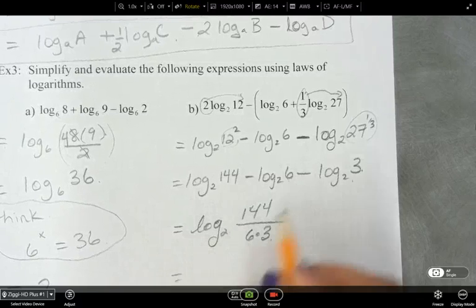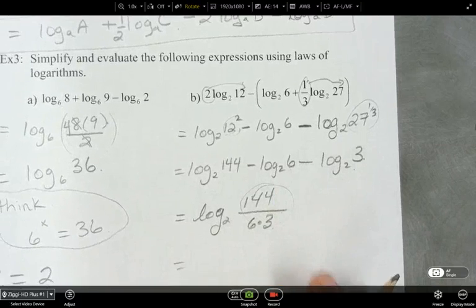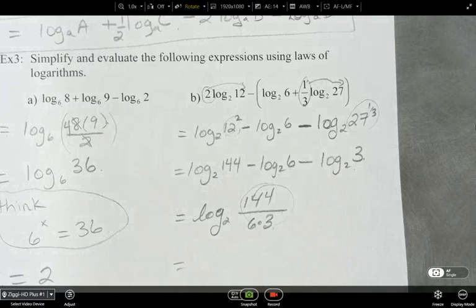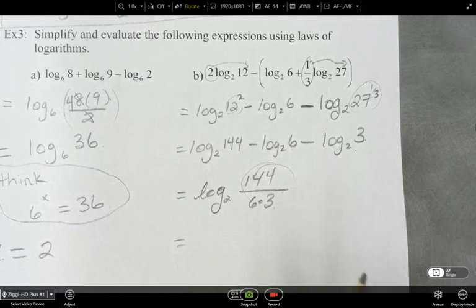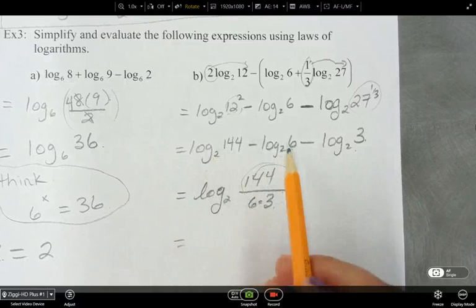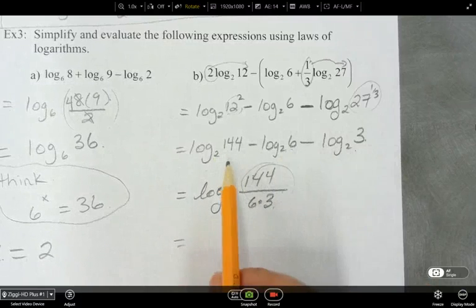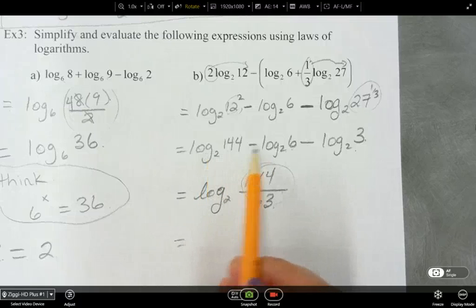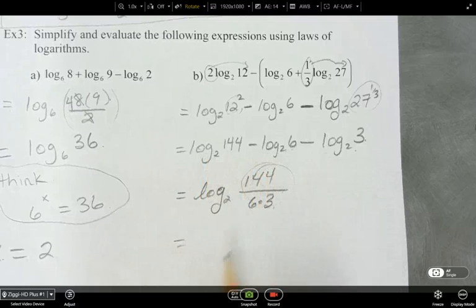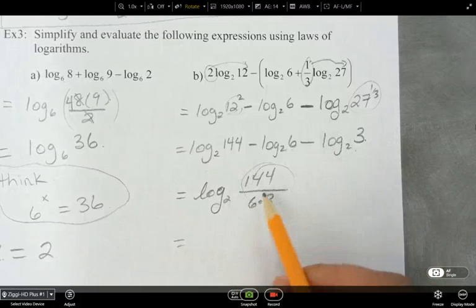All right, so now I can simplify what's here. So what does that simplify to? 144 over these, yeah, all of these have the same base. If they have a plus in the middle, I multiply them. If they have a minus, then I divide them. Okay? So that's why both of the 6 and the 3 are in the denominator here.